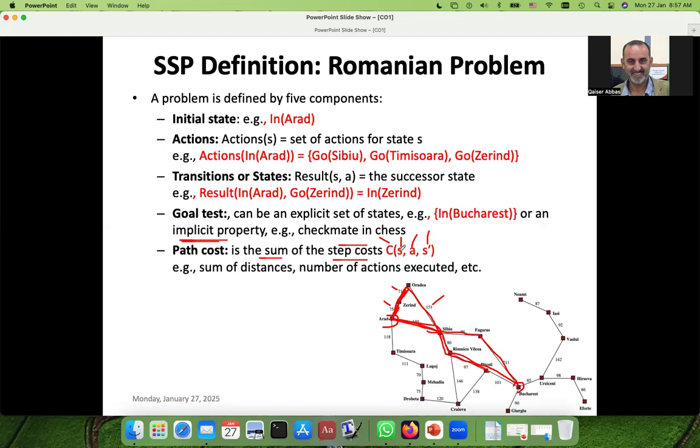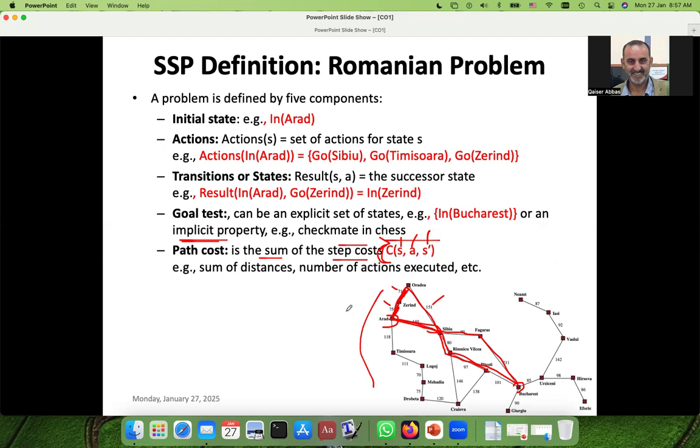And when you reach it, you will incur some cost C. So this is the formula that you can use for the problem definition, okay? S prime, or S slash, means the next state.